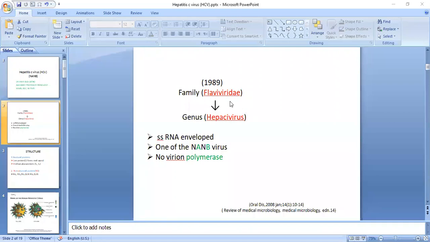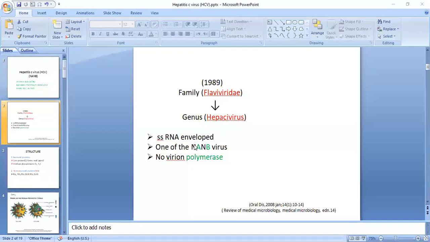So yellow fever virus, the dengue virus and the hepatitis C virus belong to this Flavi family, and this is the genus Hepatitis C virus.